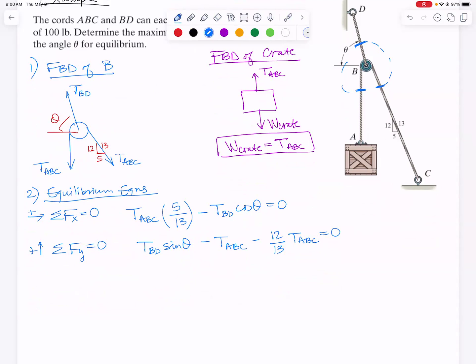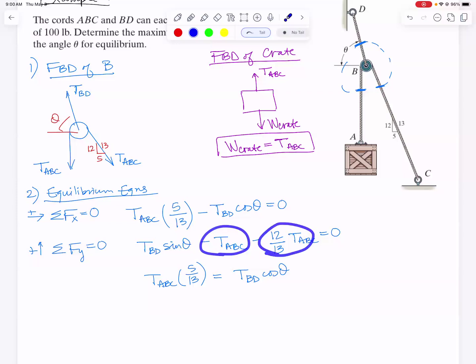Let me rearrange these 2 equations. I'll end up with T_ABC times 5/13 on the left, and on the right, I'm going to write T_BD cosine theta, so just bringing the T_BD cosine theta to the right. And then for the second one, I'm going to group these 2 T_ABCs and bring them to the other side of the equation so they're positive, but I'm going to write it directly under this other T_ABC.